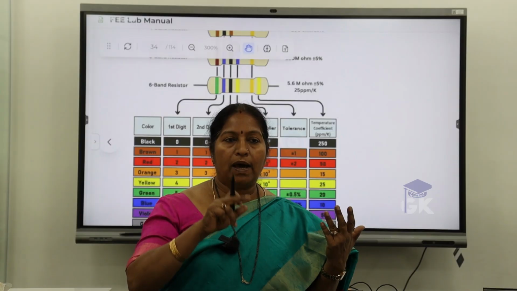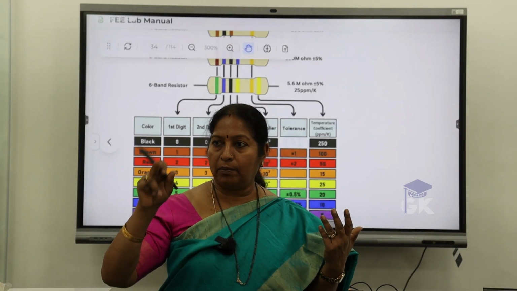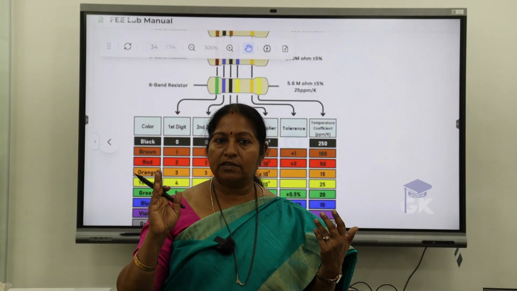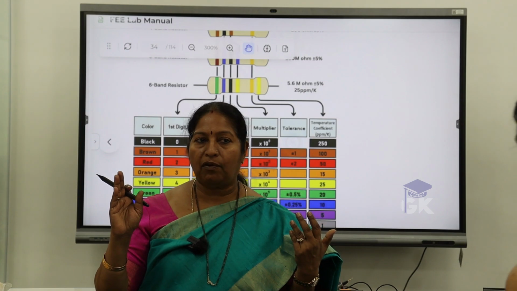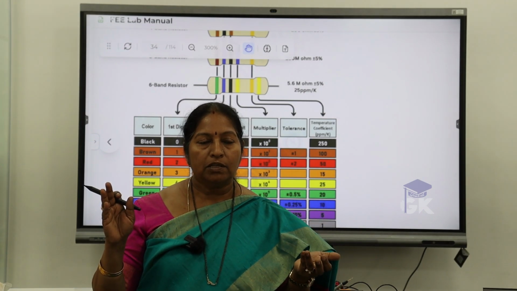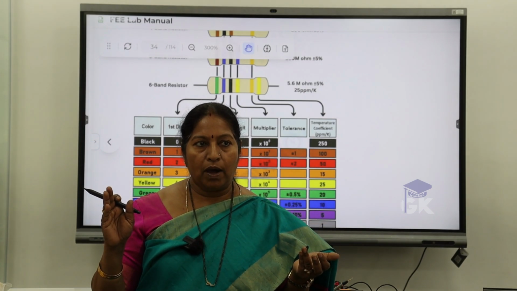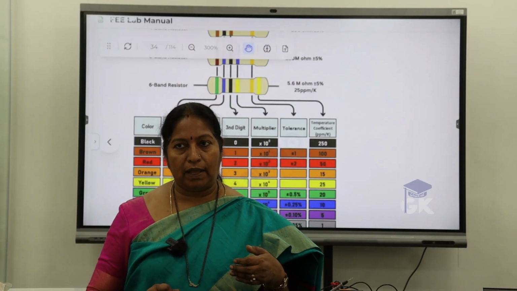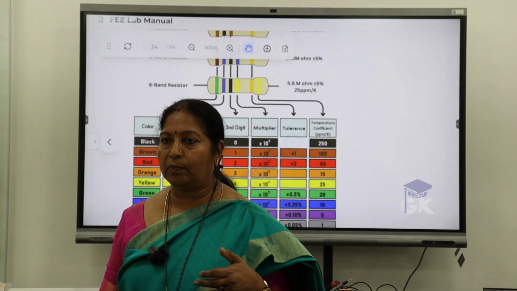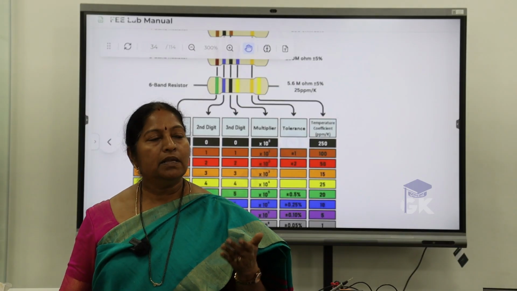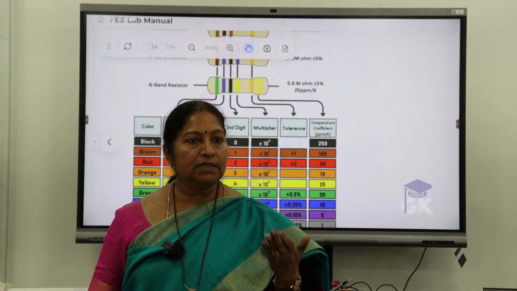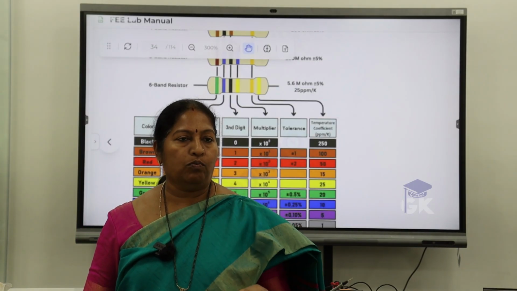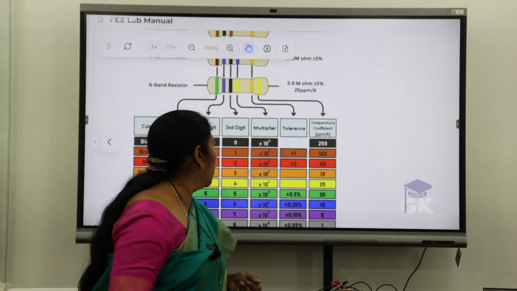So 170 into 10 to the power of 7, I can represent in the form of mega ohms. Therefore, one of the zeros from the multiplier I take to the other side: 1700 into 10 to the power of 6. That is nothing but 1700 mega ohms. Correct? Coming to the other one.